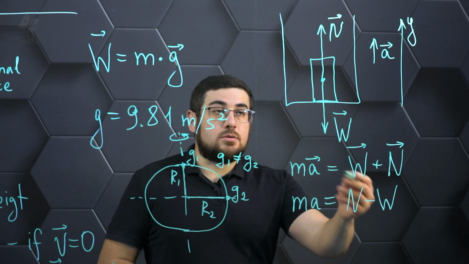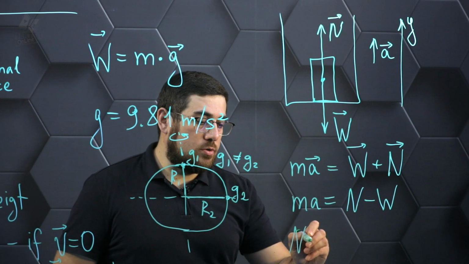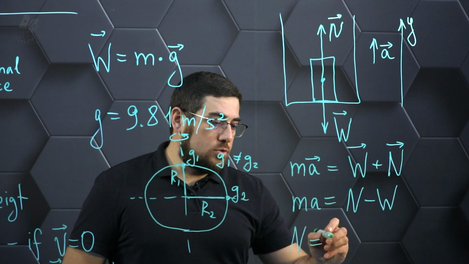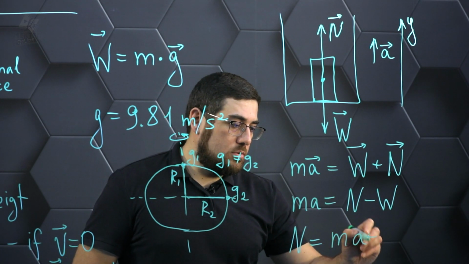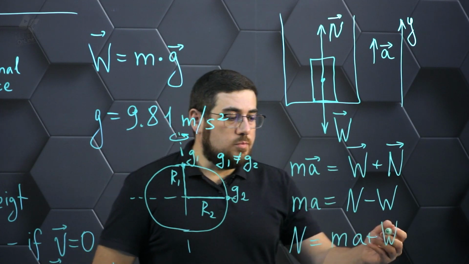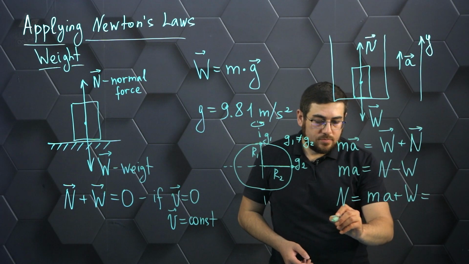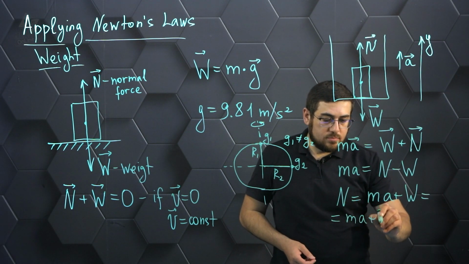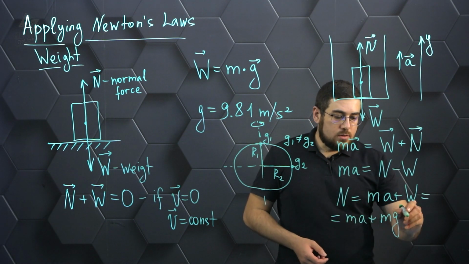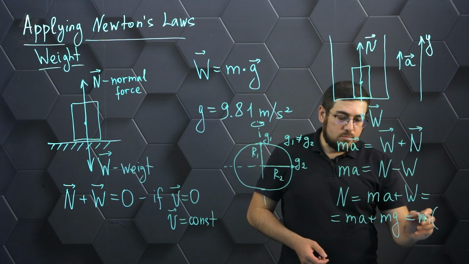From here we can find with what force the support acts on this object, i.e. we can find the force of reaction of the support. It will be the sum of gravity and this ma component. So instead of gravity, we'll put the value of gravity, mg. If we take mass out of the bracket, we get the sum of two accelerations in the bracket.